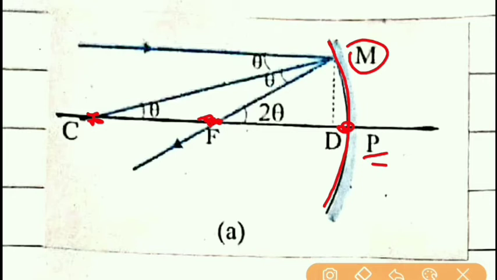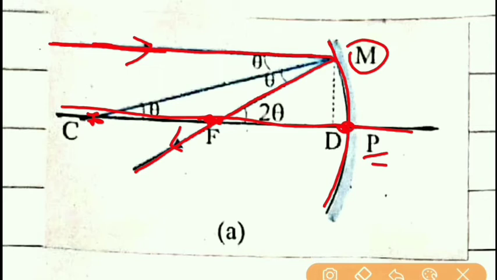So the rays coming from that object will always be parallel. So here a ray parallel to the principal axis is shown. When this ray is incident at this point on the mirror, it gets reflected and it passes through the point F, that is the focus.